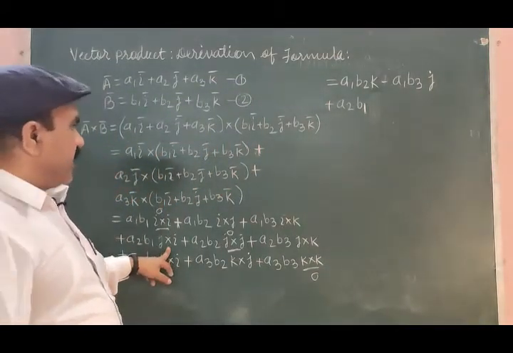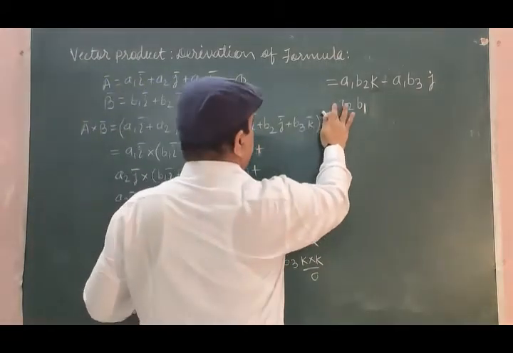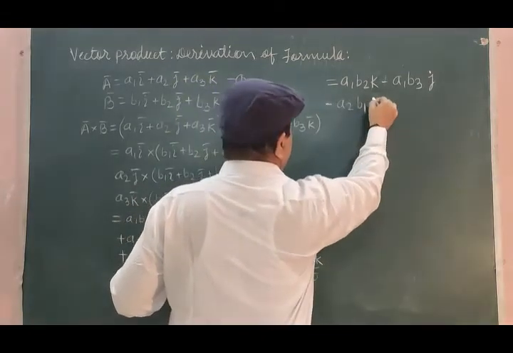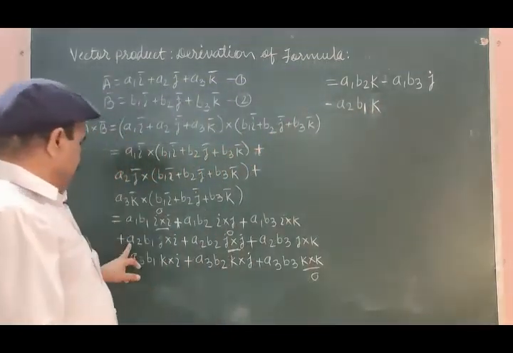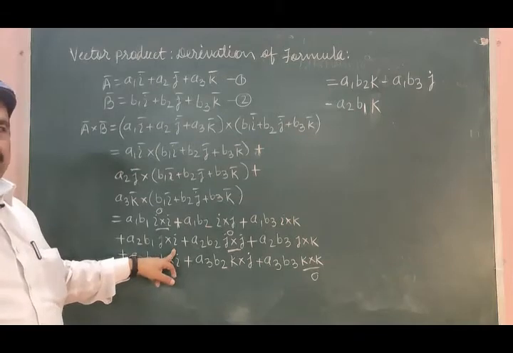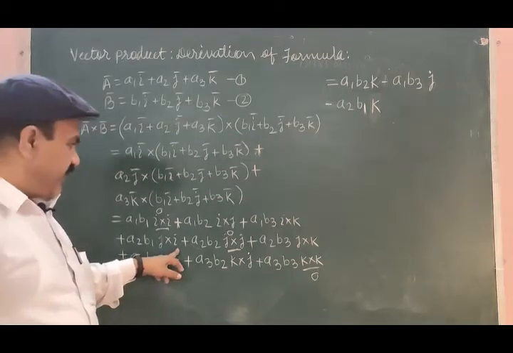This is j cross i, so it should be minus k. a2b1, j cross i is minus k.